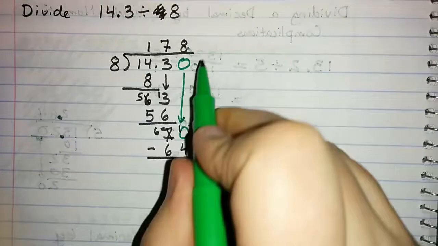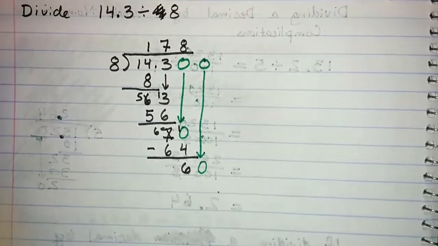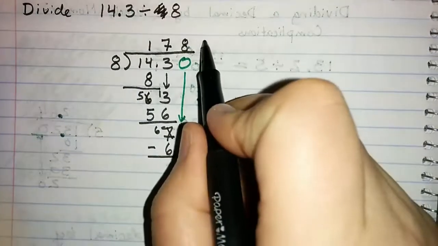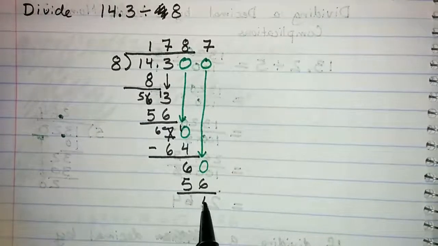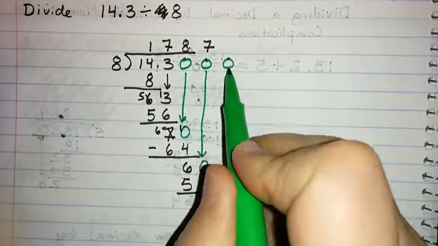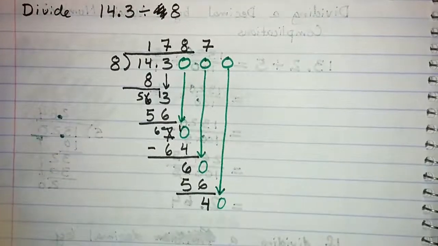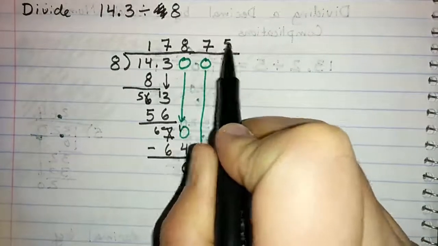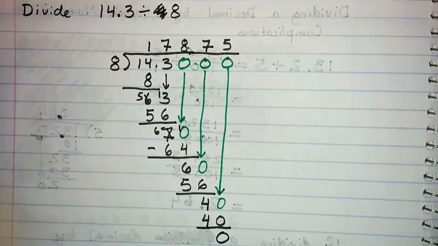Still something left, so I need another 0, which I bring down. 8 goes into 60 7 times. 7 times 8 is 56. Still something left. Another 0, which I bring down. 8 goes into 40 5 times. 5 times 8 is exactly 40, so nothing is left.